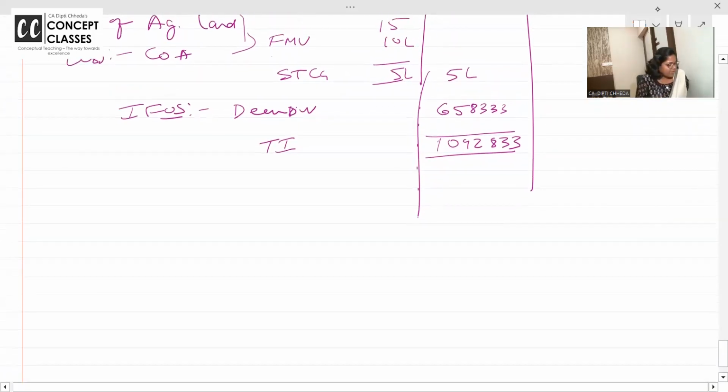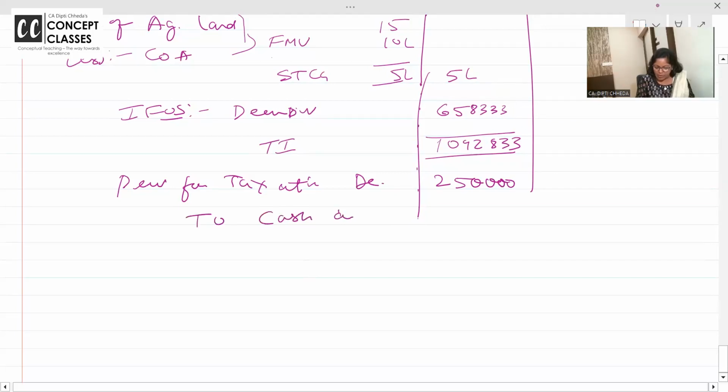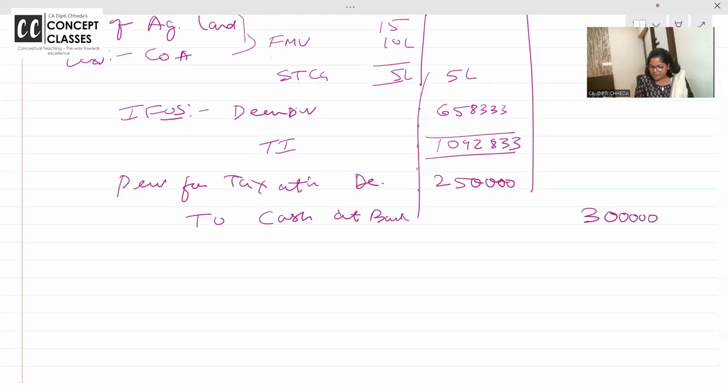Provision for taxation debit 250, but actual tax I have paid through cash at bank, credit 3 lakh rupees. So the 50,000 provision which is shortfall, I have to adjust against general reserve. Check and tell me, is it clear now?